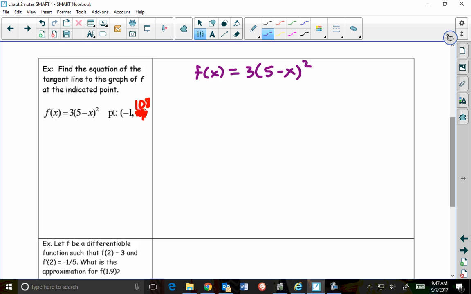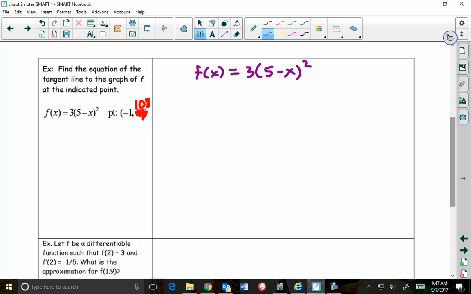Find the derivative to get the slope. Okay. Can I do my power rule here? No. So what do I first need to do? Rewrite it. FOIL your expression, okay? And then distribute your 3. Rewrite it first. Do your pre-calculus.